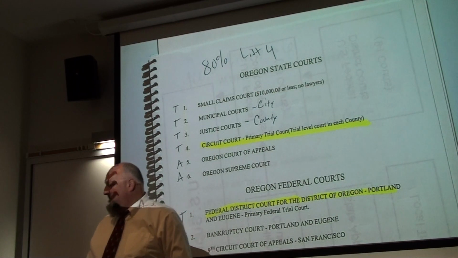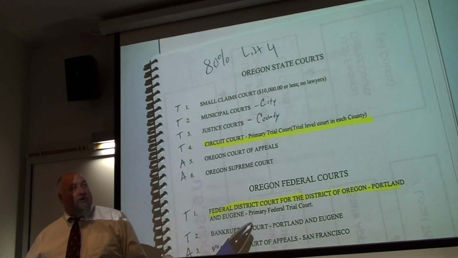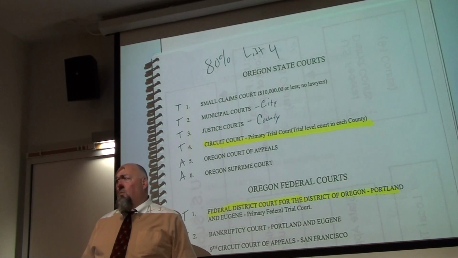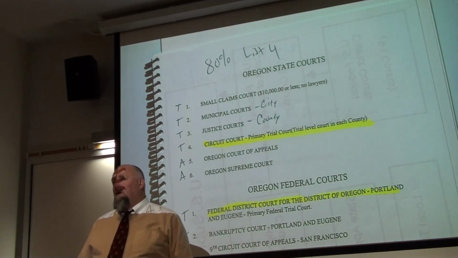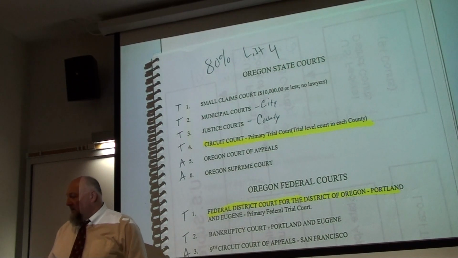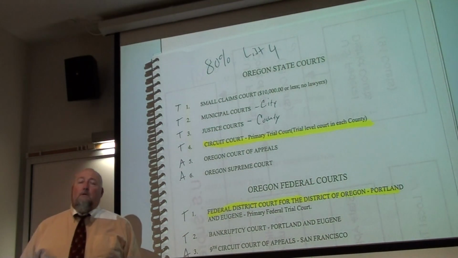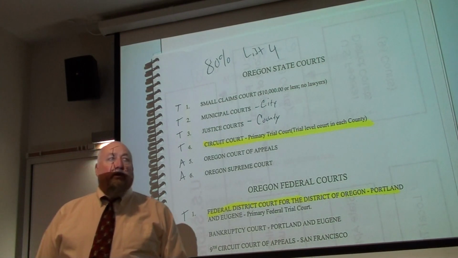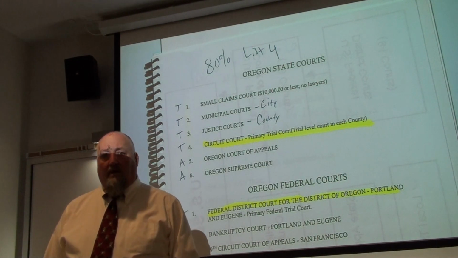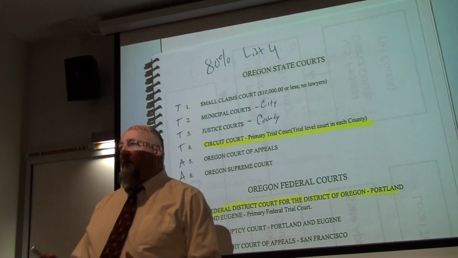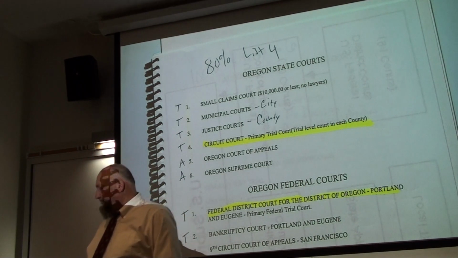We don't have too many of these anymore. We don't have a justice court in Polk County. Marion County still has a couple of them, one in Woodburn, one out in Stayton, if I remember correctly. So not a lot of them, but it is also a trial court. Like the municipal court, you do have a right to a jury trial on a crime, but nothing above a misdemeanor. All felonies have to go to the circuit court.